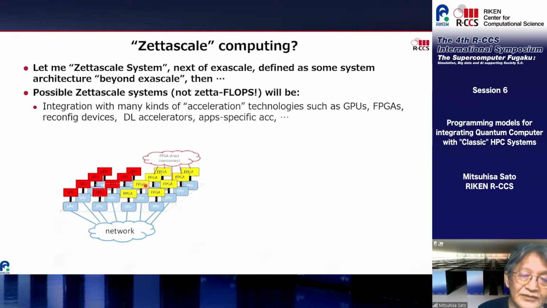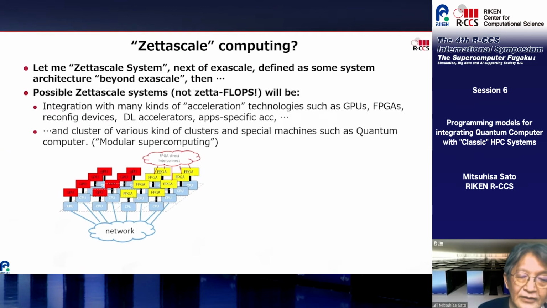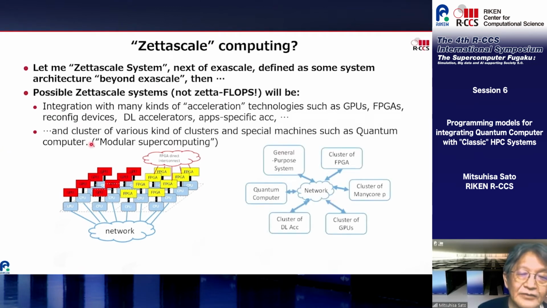Some nodes have these kinds of accelerators, and also various kinds of clusters, specialized machines such as a quantum computer, are connected by the network. So I think in the future, the zetta-scale system will be this kind of configuration.